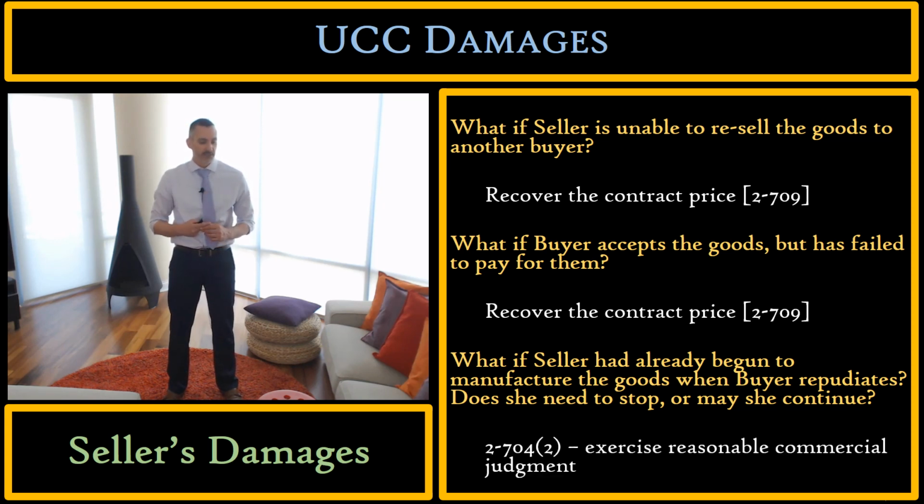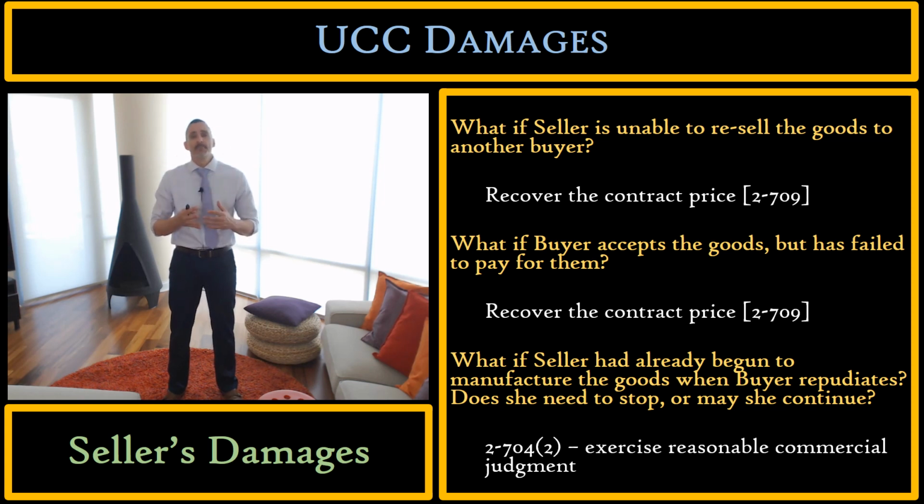Well, the UCC says that the manufacturer seller should exercise reasonable judgment. In other words, as long as she exercises reasonable commercial judgment, we're not going to second guess her decision, right?